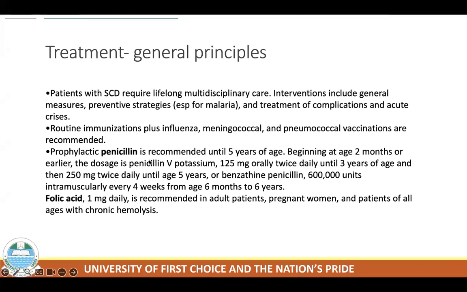So yes, they are used, but usually in the early years, up to age 5 or 6, and then you stop it. The reason you use it up to the age of 5 or 6 is to prevent severe infections that can be life-threatening in that age range.